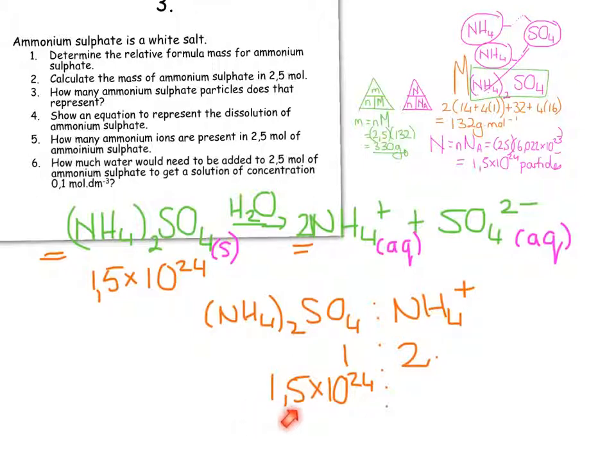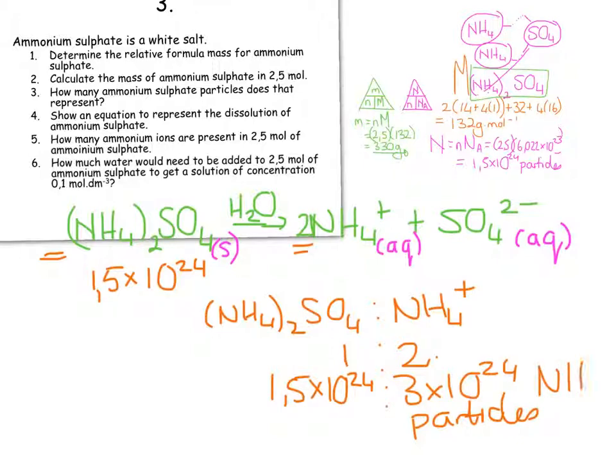So I need to take the number 1,5 times 10 to the 24, multiply it by 2, and I land up getting 3 times 10 to the 24 ammonium particles. And what are those particles? Ammonium is actually ions. So it's 3 times 10 to the power of 24 ions.